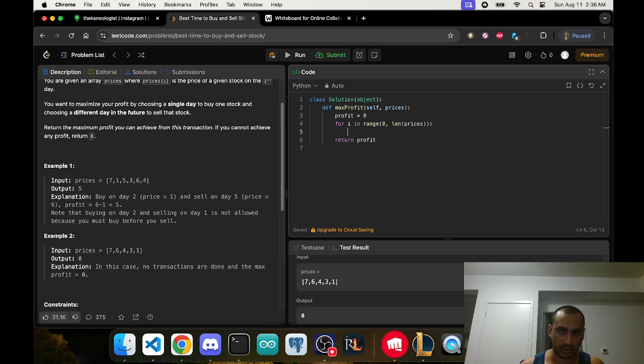Then for j in range i+1 up to length of prices minus 1, because this is going to go up to the end of the array.